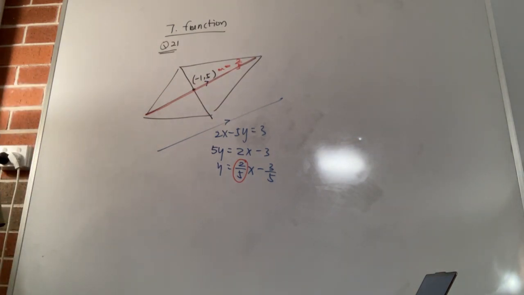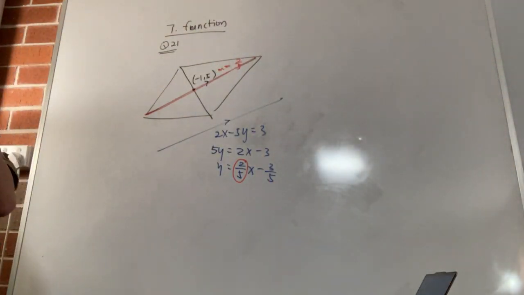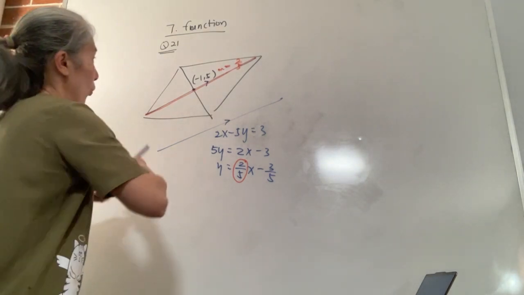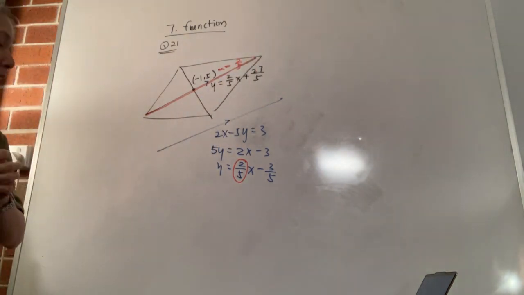Let's find that one out. y equals 2/5x plus 27/5. Okay. Now that is one diagonal.